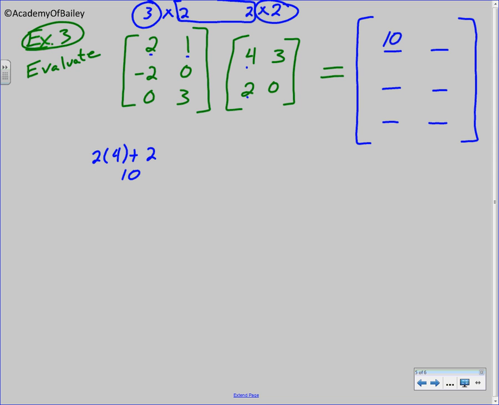Let's look at the next one. We have 2 times 3, and then we have 1 times 0. 2 times 3 is 6, plus 0 is 6. So we have top row, second column, you put a 6.